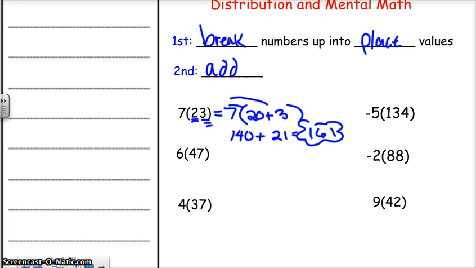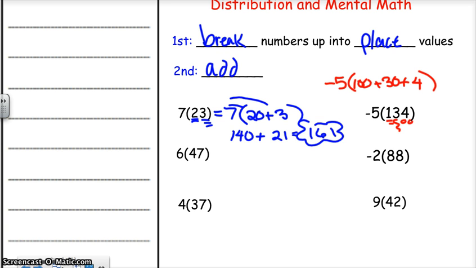Okay, the next one, I'm going over negative 5 times 134. I can use distributive property to turn this into negative 5 times 100 plus 30 plus 4. Breaking it up. This 1 represents 100, the 3 represents the 10s, and the 4 represents the 1s.